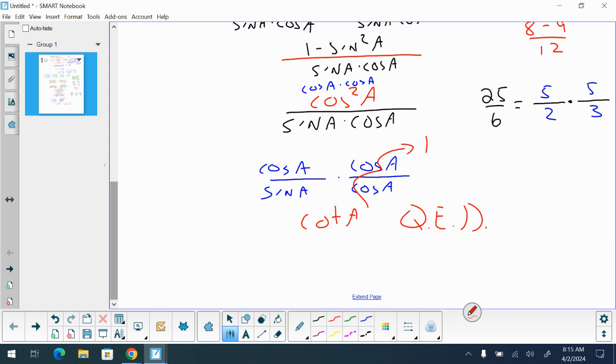Once again, I know there are different methods of madness to get there. I'm just trying to slow our brain down. I know if you had x squared over x times y, I can cancel that out and that out, give me x over y. Here I have cosine squared, and I have sine cosine. I could cancel that out with that.